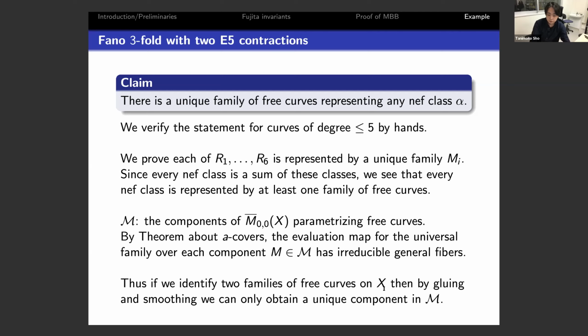The idea is the following: since the general fiber of the evaluation map is irreducible, the gluing component is irreducible, the main component of the gluing component is irreducible. So there's only a unique component having this breaking curve.